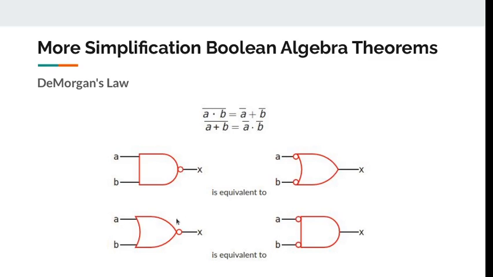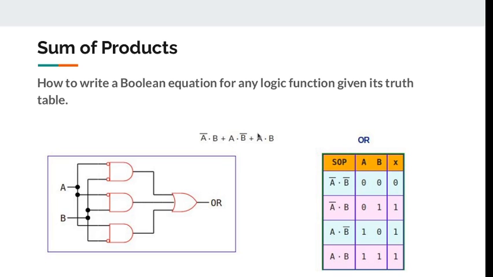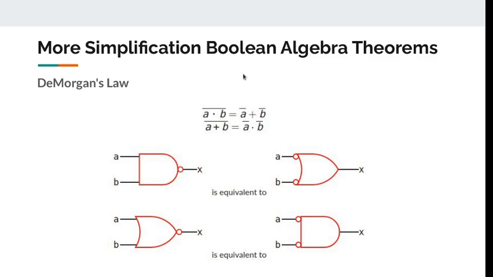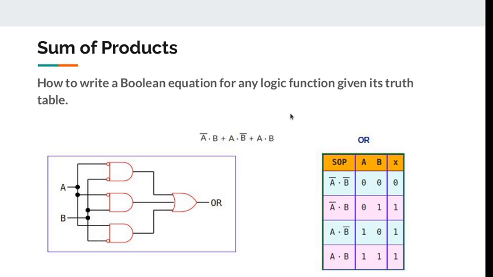And there are other aspects of NAND gates and NOR gates that we're going to investigate in the future as well. So now we know how to simplify our operations, our equations.